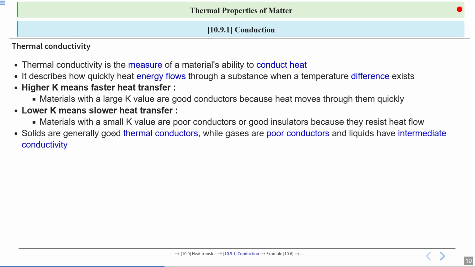Solids are generally good thermal conductors. Solid materials are good thermal conductors, while gases are poor conductors and liquids have intermediate conductivity.